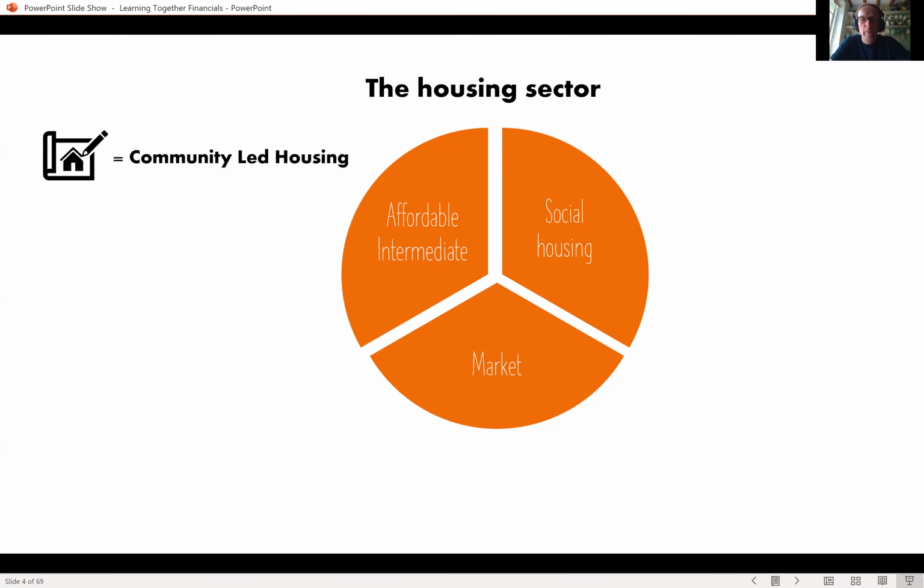Social and market rate, we probably know quite a lot about. Affordable intermediate has a variety of different definitions, from the government's 80% of market value, but it really goes in between social housing rates and market rates.